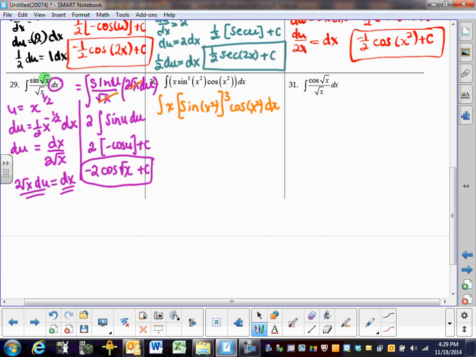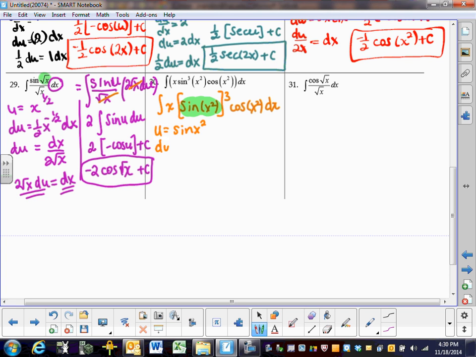And a lot of people want x squared to be our u, but really our u needs to be the thing that simplifies everything the most. So it's really going to be this sine of x squared that's all the way inside the cube. It's a little bit trickier. So now my u is the sine of x squared.